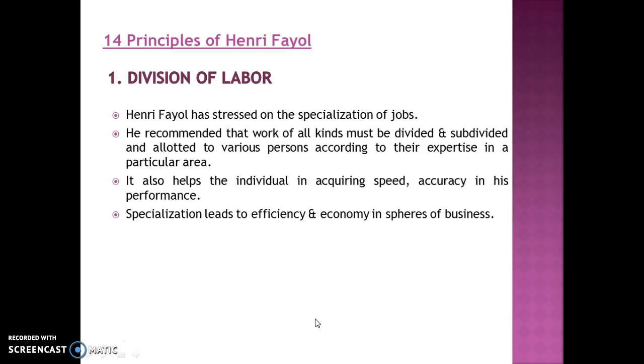Any kind of job we have to assign to a particular person. He recommended that work of all kinds must be divided and subdivided and allotted to various persons according to their expertise in the particular area. It also helps the individual in acquiring speed and accuracy in performance. Specialization leads to efficiency and economy in the sphere of business.